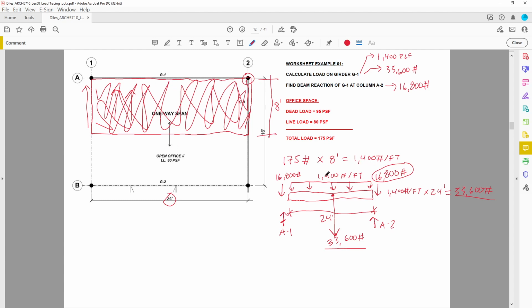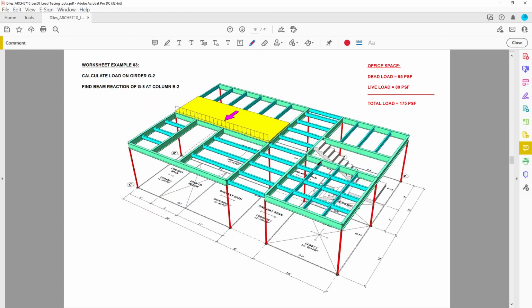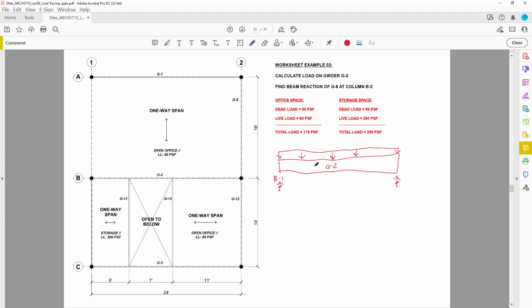So we calculated this as 1,400 pounds per foot along the top. So rather than calculating that again, let's just use that value. So we have 1,400 pounds per foot along the top, and that is coming from the office space. So basically this tributary area, all of that is coming along the top of G2 down here.